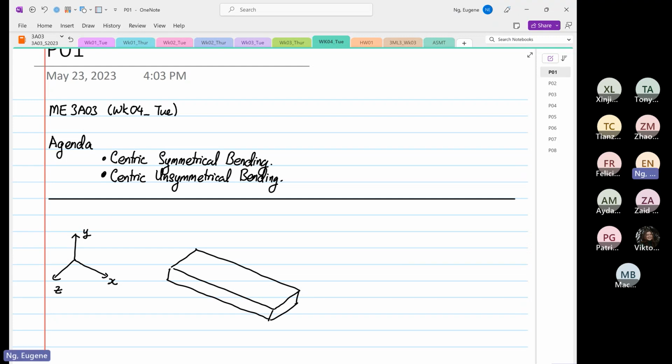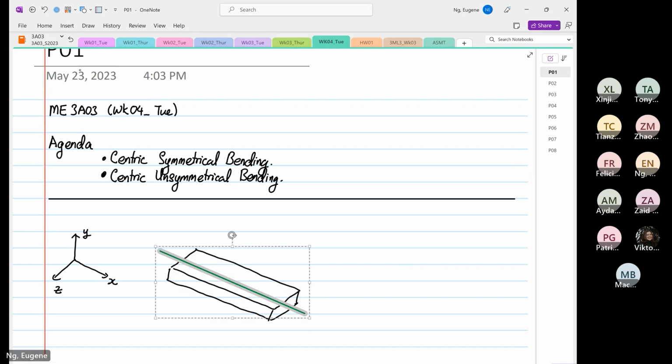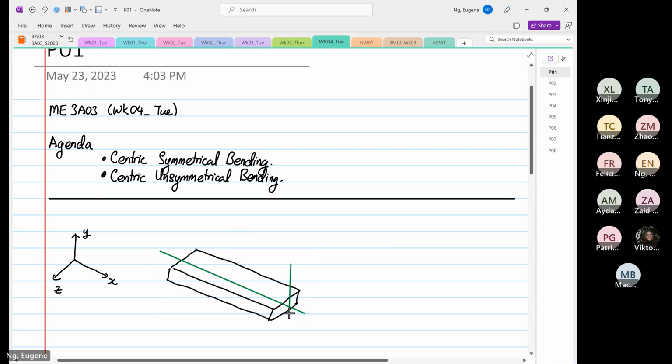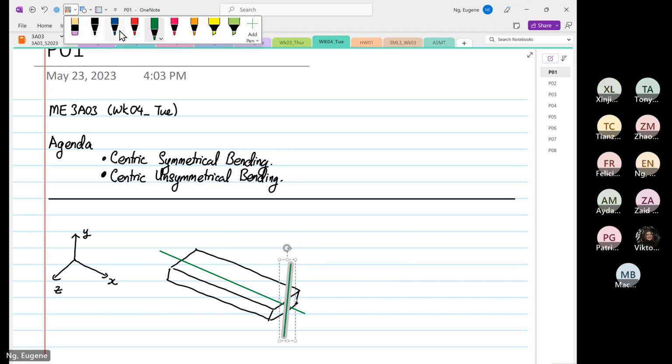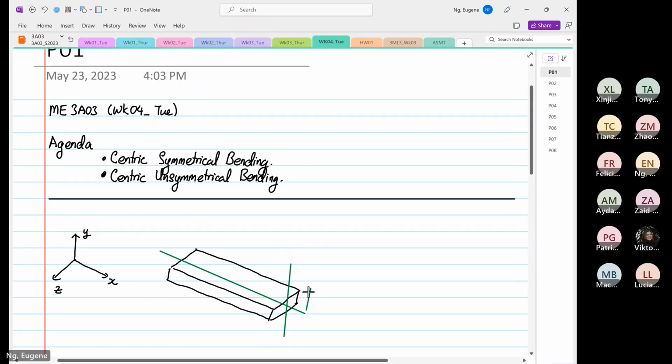And I'm going to roughly sketch out the position of the centroid. This is just a sketch of the centroid. So this is the position of the centroid.